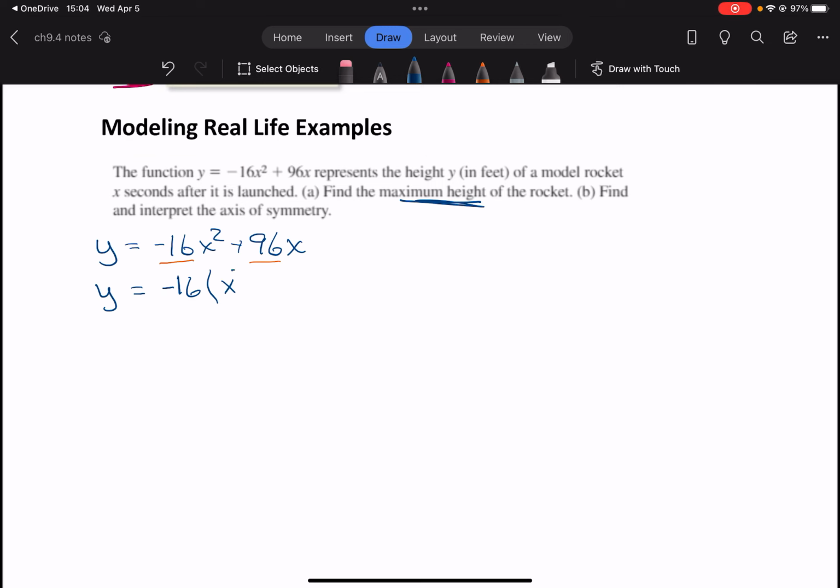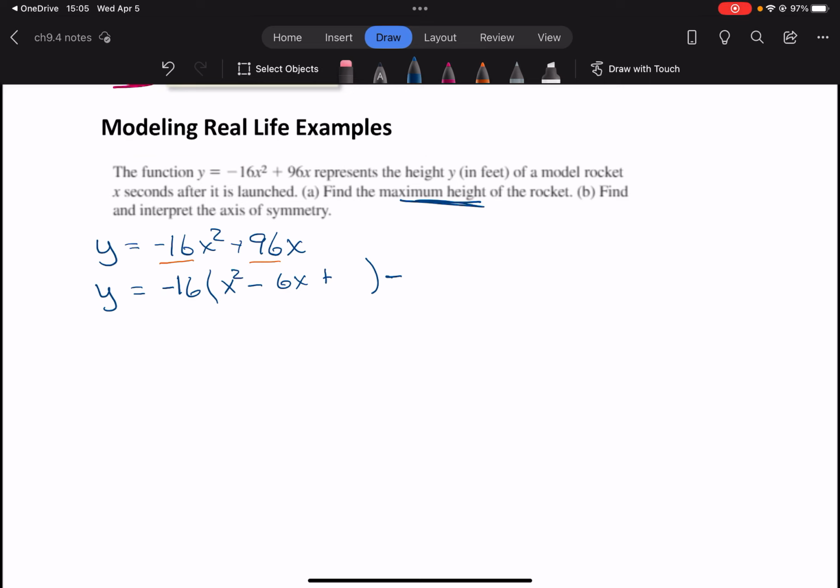I divide that out, and I got the negative, so this positive becomes a negative. 96 divided by 16 is 6x. So I'm going to do a 6x plus, close, minus, and there's going to be a little bit of difference here. But we're going to go ahead and complete the square.